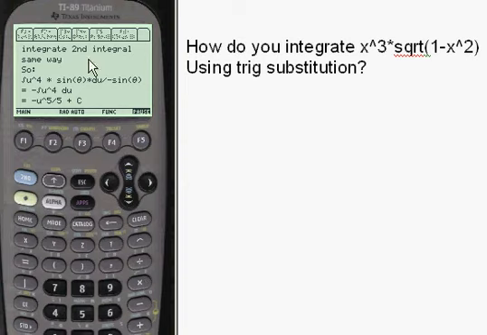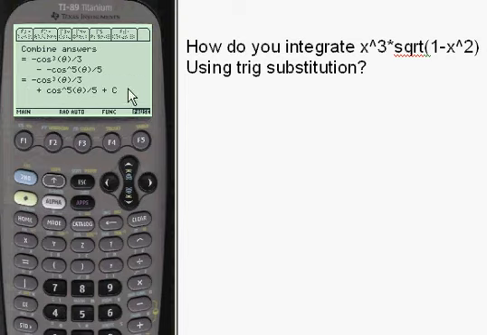And we integrate the second integral the same way, and that turns out to be u to the 5th power. We combine the answers here: minus cosine cubed theta divided by 3 minus a minus cosine, that's a trick there, minus cosine to the 5th divided by 5. And we do the computations, and this minus here turns into a plus. You can see that, right?